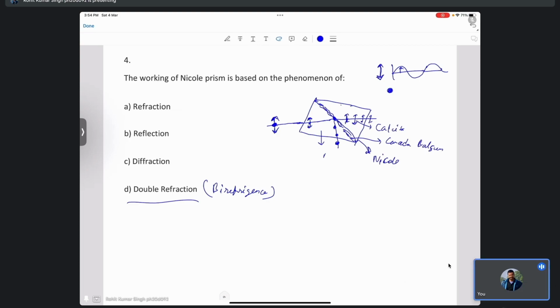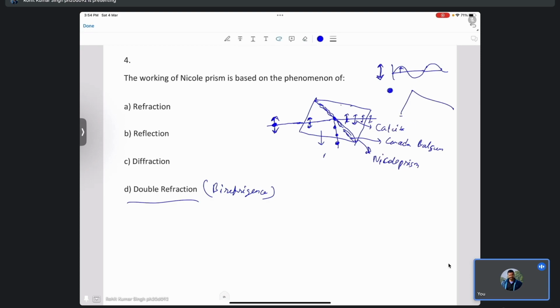Okay. Yeah, but the concept that I have discussed is true. So one of the light will be totally internally reflected, and one will pass through one of the components. So that's how you get a polarized light using a Nicol prism. So the Nicol prism's main use is getting polarized light, and you can also analyze if the light coming to you is polarized by putting another Nicol prism here.